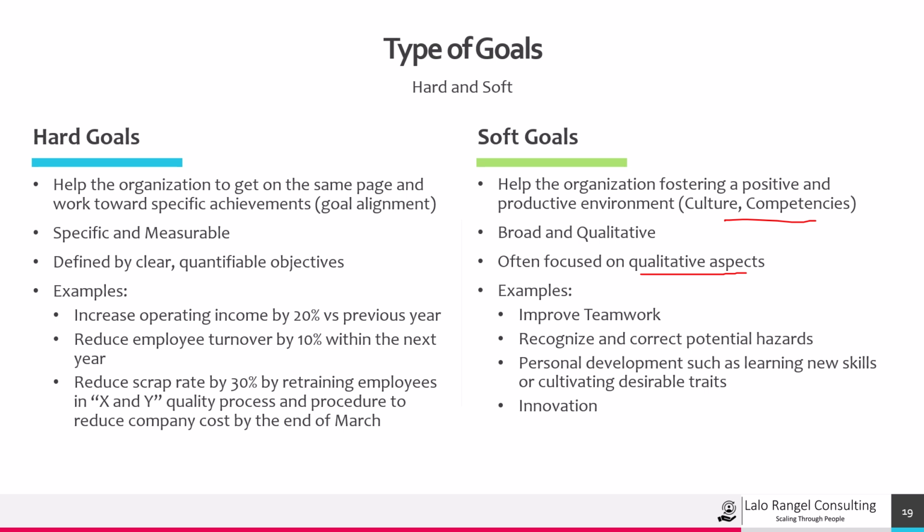For example, behaviors or values such as improved teamwork, recognize and correct potential hazards, personal development, such as taking training to develop new skills or new traits, and also behaviors, values, and competencies to impact innovation.